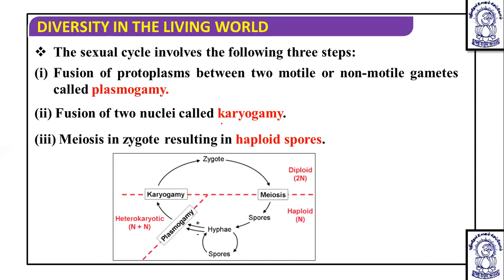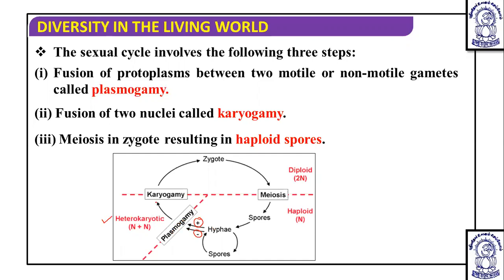In the diagram, you can see this hypha produces two types of gametes, male and female. The male gamete and female gamete fuse by their protoplasm, and the heterokaryotic, or dikaryotic, condition is formed.